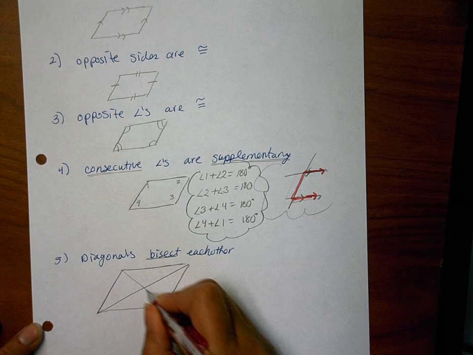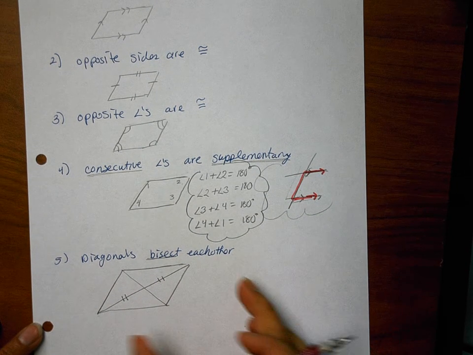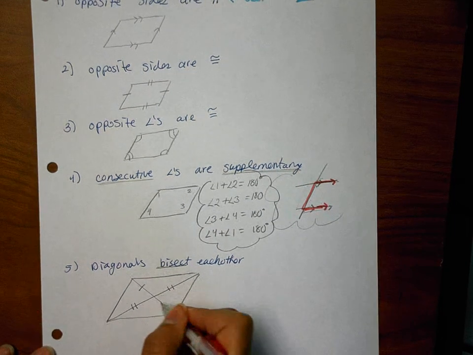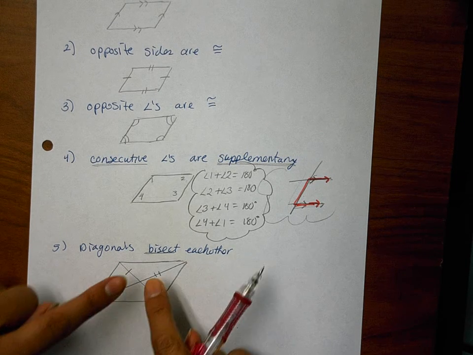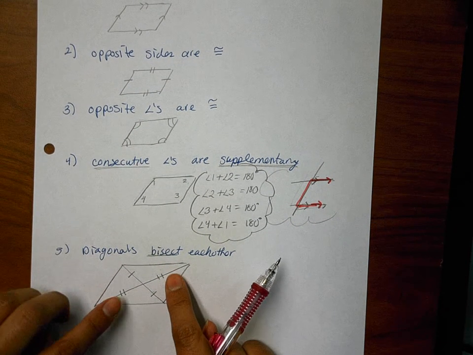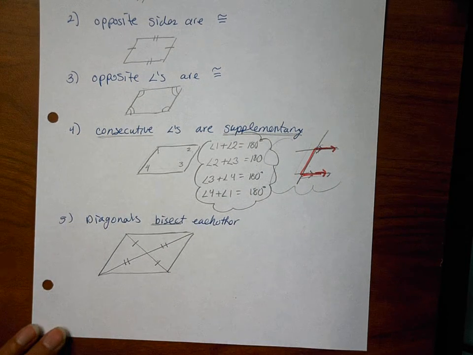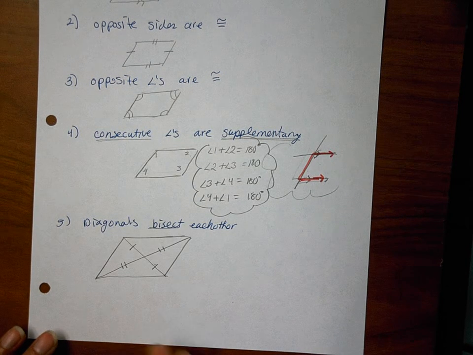So this smaller diagonal cuts the bigger one in half, and this bigger diagonal cuts the smaller one in half. So you have these two that are congruent, and those two that are congruent, not all four, but those two and those two. Again, in a few days we'll have one where they are all congruent. Not yet. Okay, so those are the properties you will need to know.